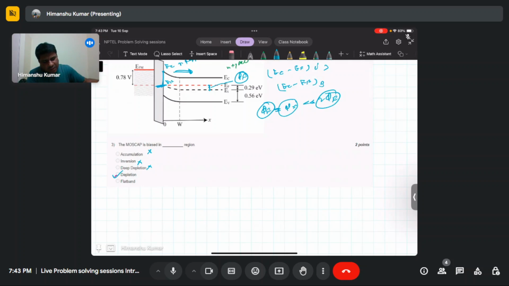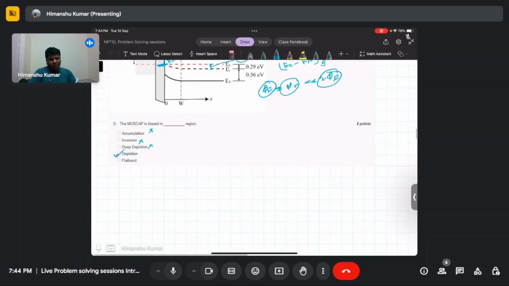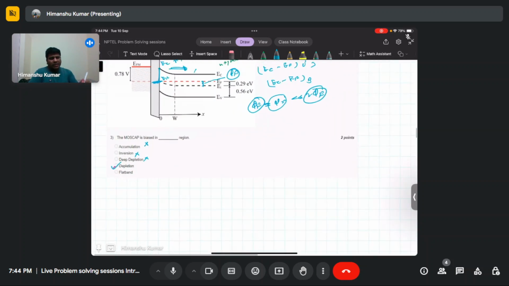The minority carrier generation in practical devices happens by thermal excitation of charge carriers, which is a very slow process, so it will take time. So in deep depletion, the interface becomes more and more depleted beyond threshold. For basic courses it's not that important.